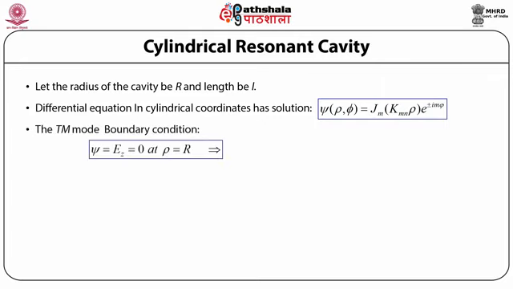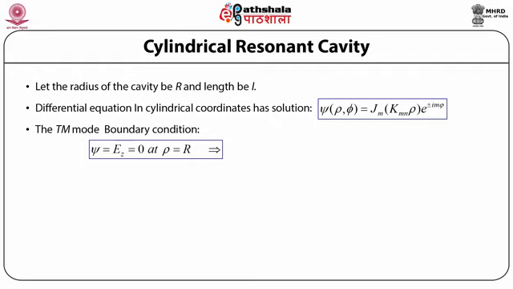The transverse magnetic mode can now be defined for the cylindrical resonant cavity by the boundary condition that the wave function psi, which is the z component of the electric field, is equal to 0 at rho equal to r, that is when rho is equal to the radius of the cavity, at the boundary.